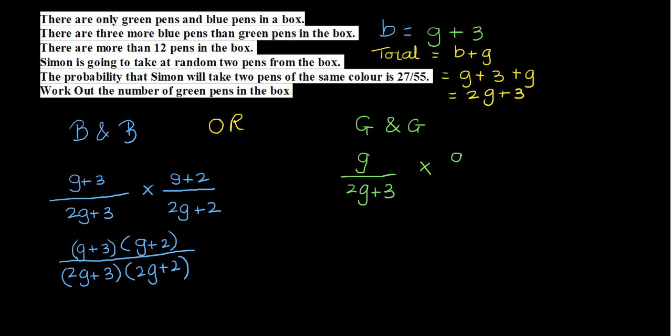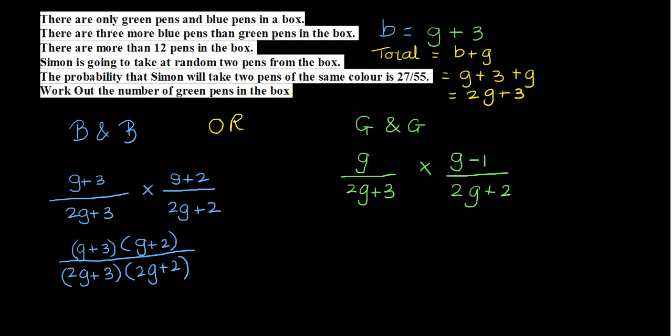So the probability of a pen being green is going to be G minus 1, because there's one less than the original green pens, over 2G plus 2, because that's one less pen than 2G plus 3.